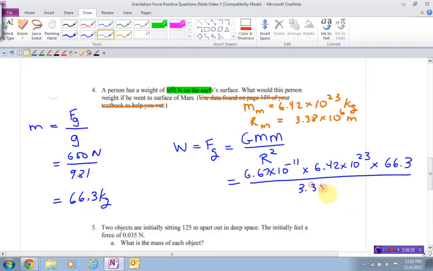So 3.38 times 10 to the 6. We're going to square that, and if we do that, we'll come up with a weight of 248 newtons on Mars. Easily done this way.